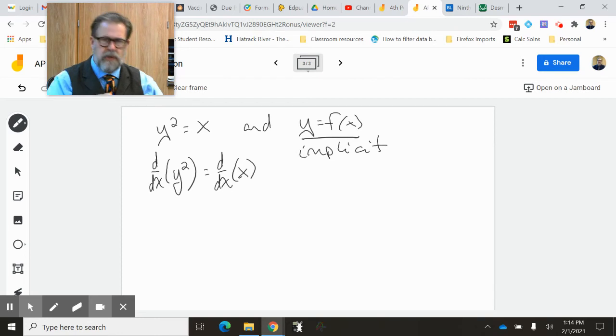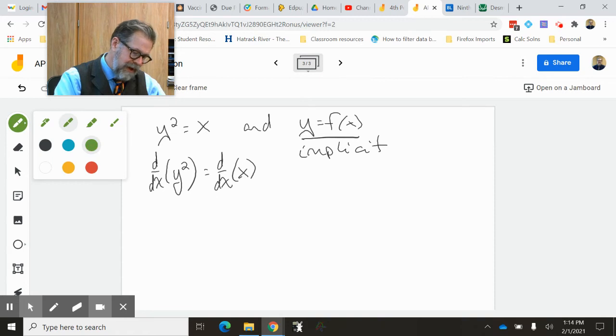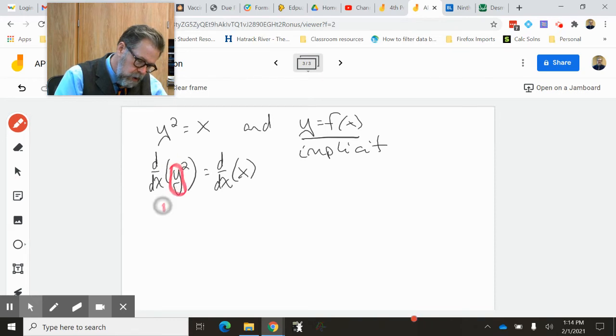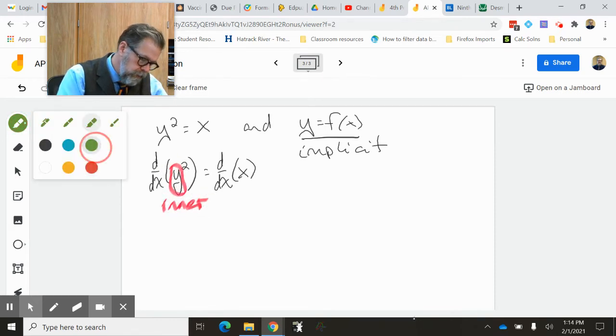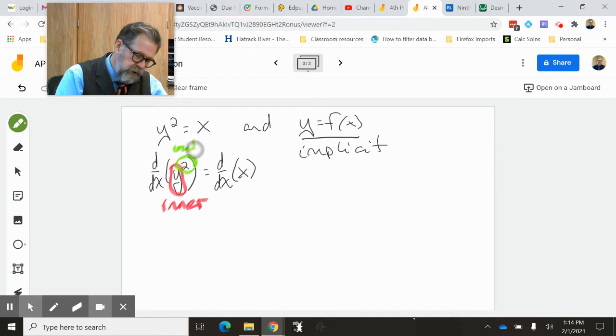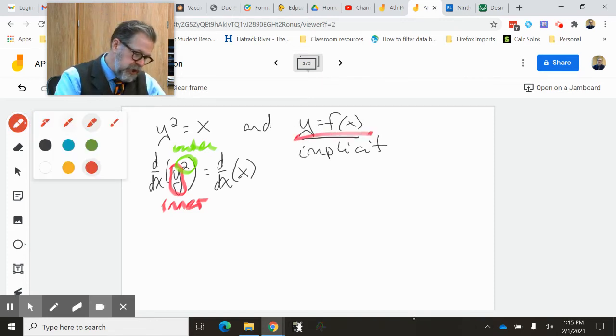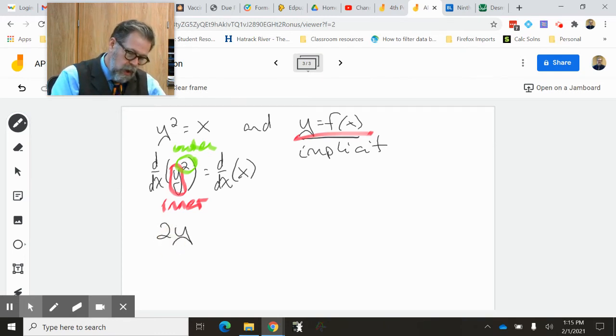So, what is the derivative with respect to x of y squared? Well, what I've got here is an inner function and an outer function. And y is my inner function, a function of x. So the chain rule now says that I can take the derivative of the outer, 2y, times the derivative of the inner, equals, well, the derivative of x is 1.